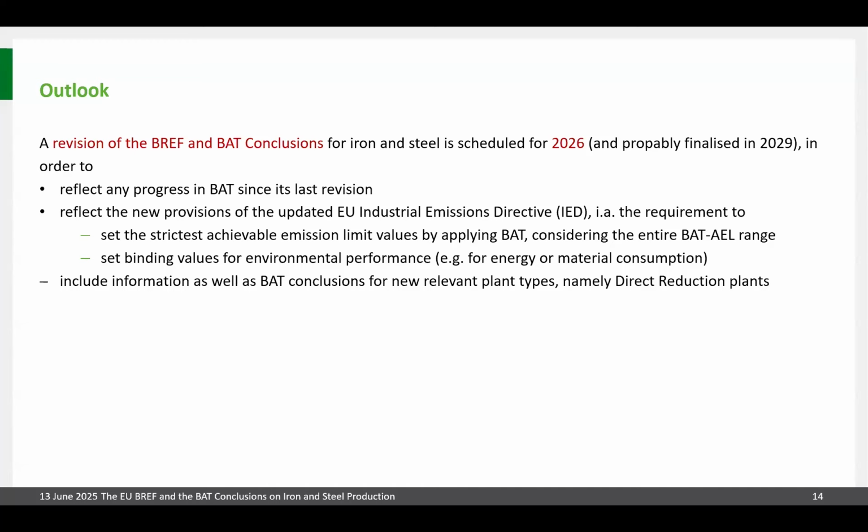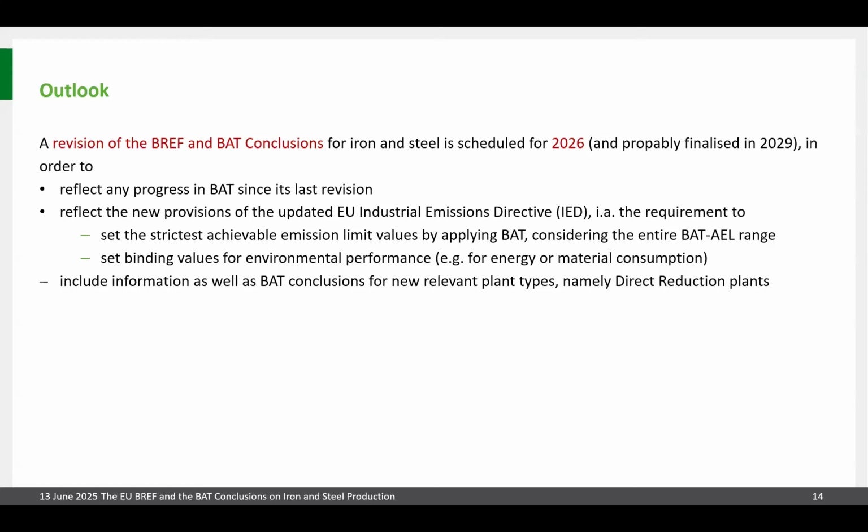As you have seen, BAT-associated emission levels are always expressed as a range, for example, from 5 to 50 milligrams. And the IED now provides for setting the strictest emission level values within this range. So, that of course needs to be reflected when the ranges are defined in the BAT conclusions.